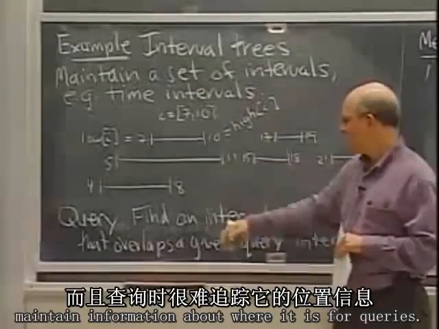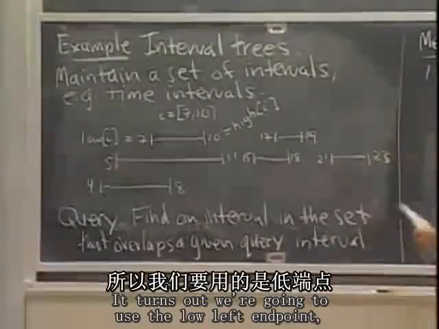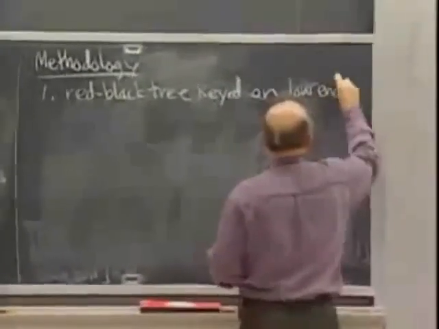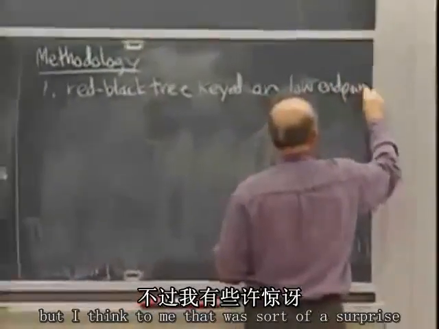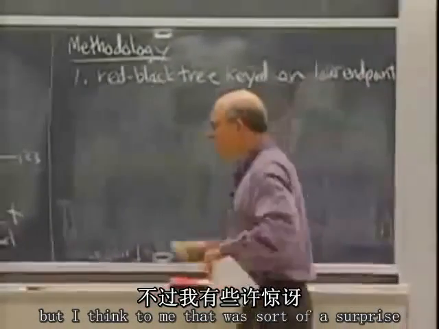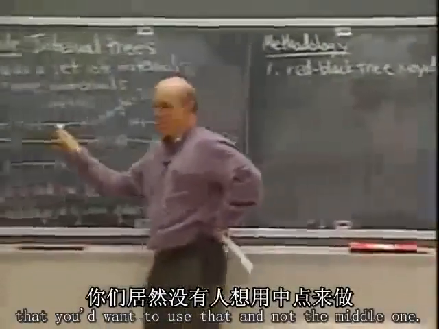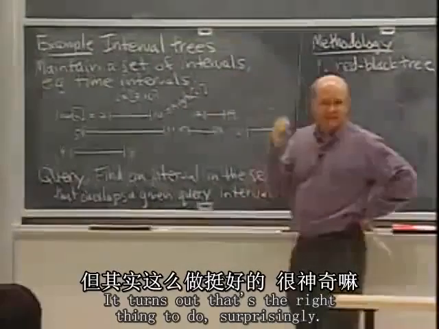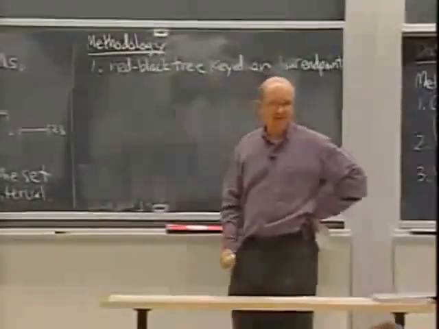For queries, it turns out we're going to use the low left endpoint. To me that was sort of a surprise, that you want to use that and not the middle one, because you're favoring one endpoint over the other. Turns out that's the right thing to do, surprisingly.